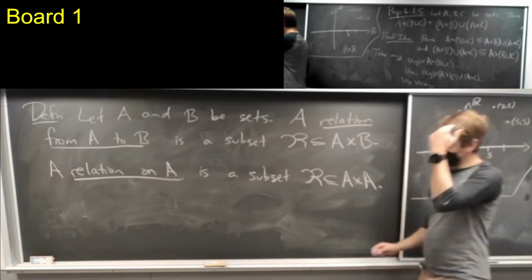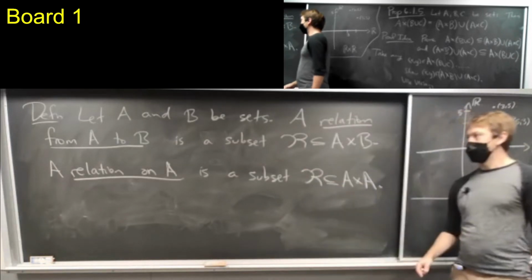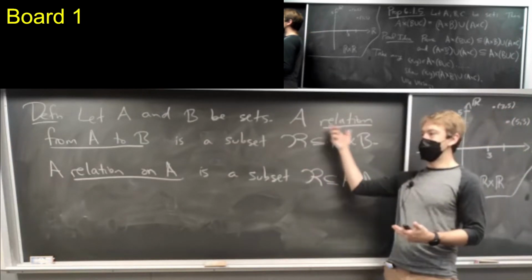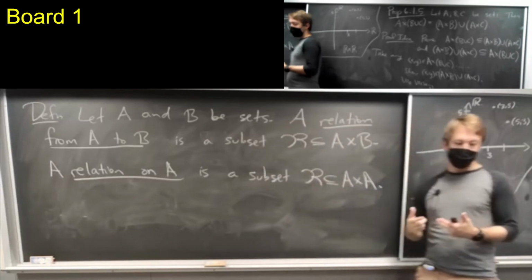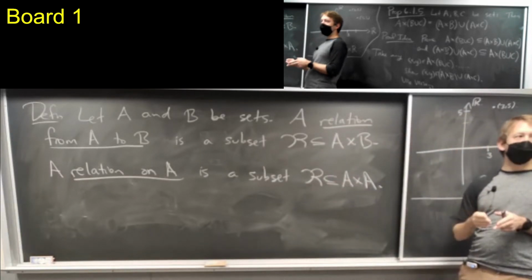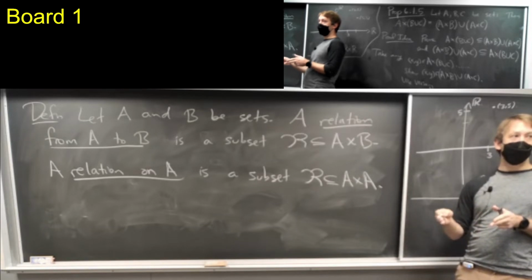In some sense, the name relation has some meaning here, right? It's supposed to indicate a relationship between elements in your sets.